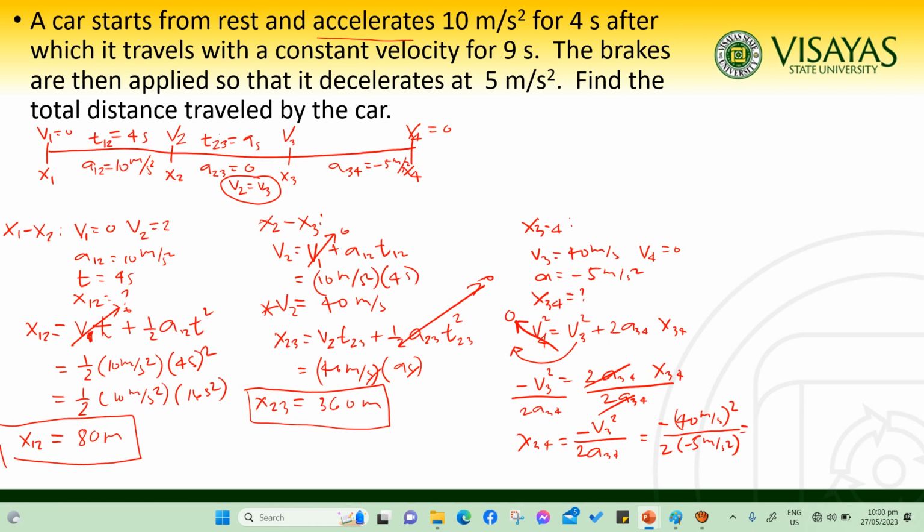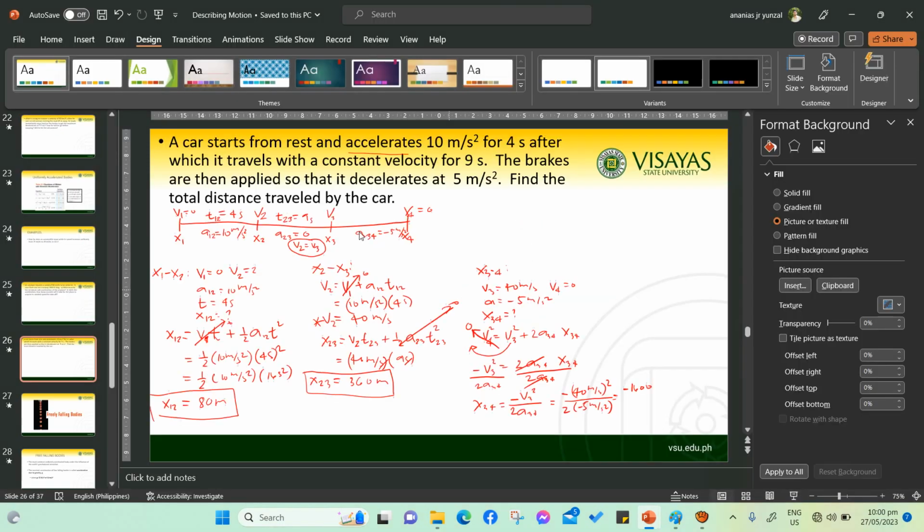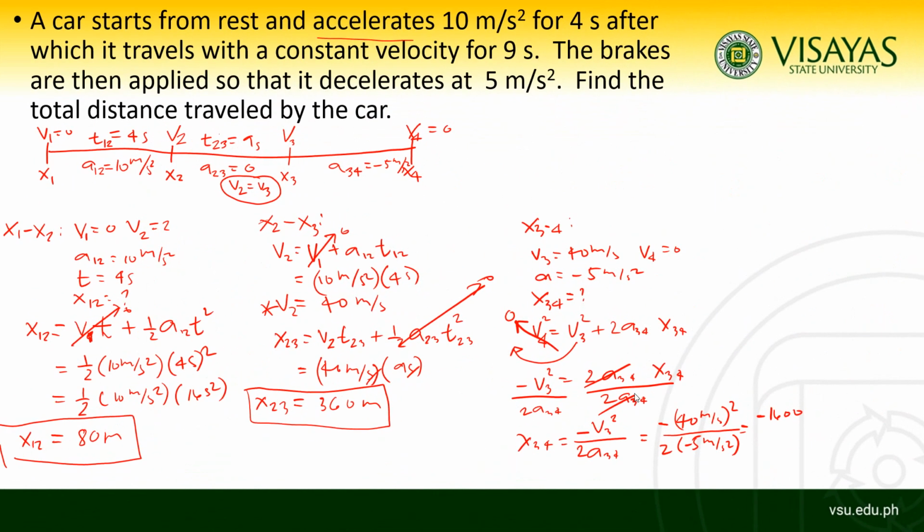Then this is equivalent to negative 1600 meters squared per second squared.